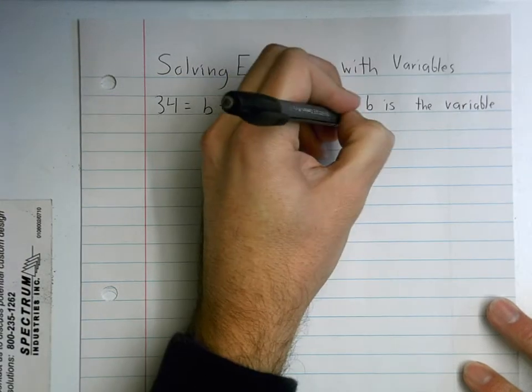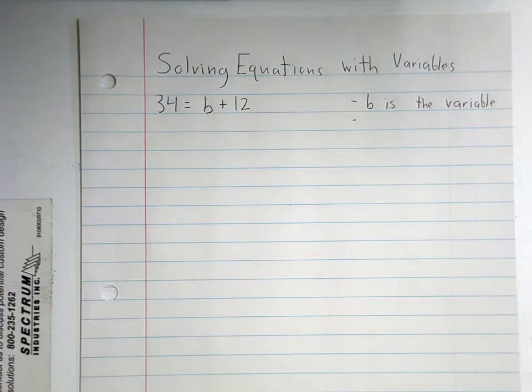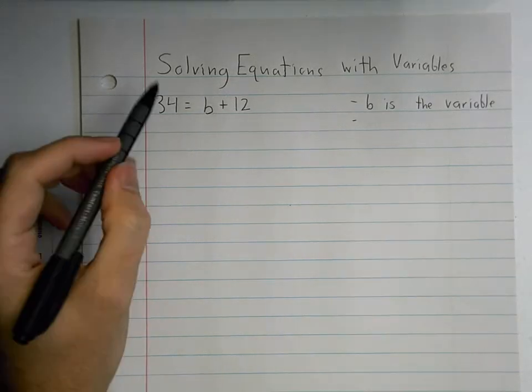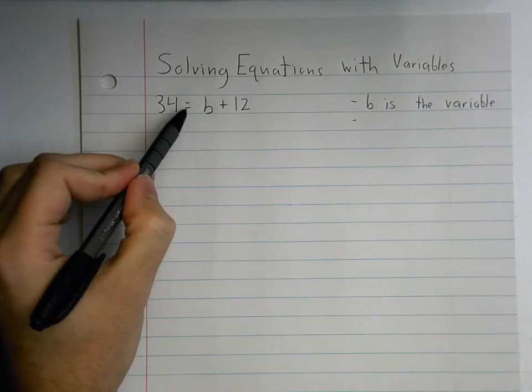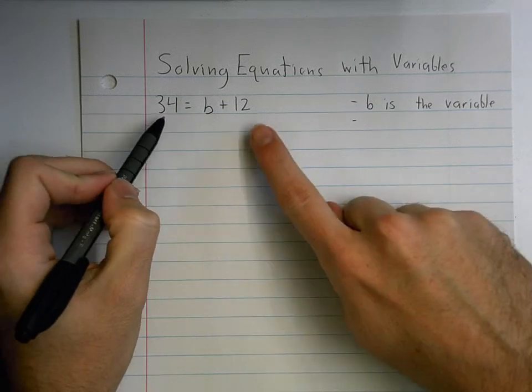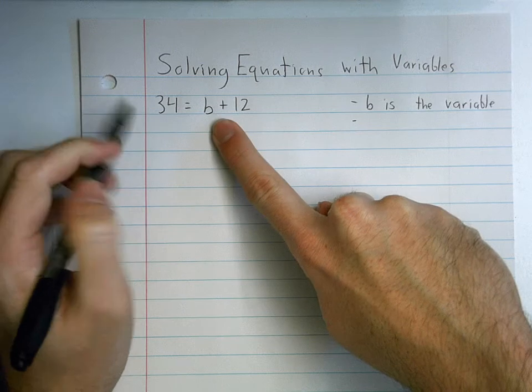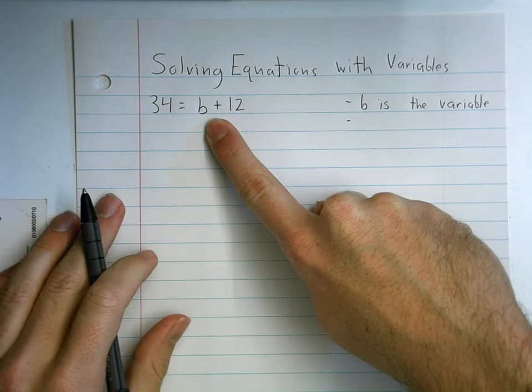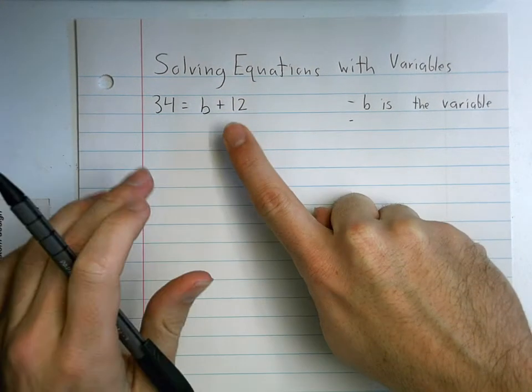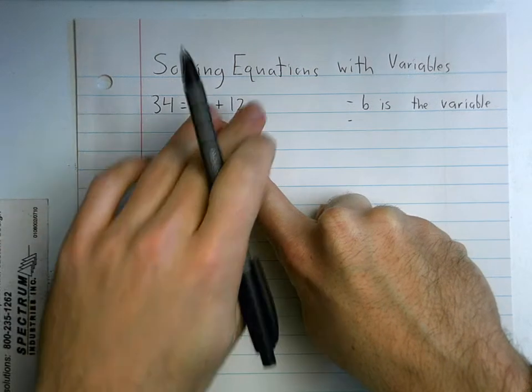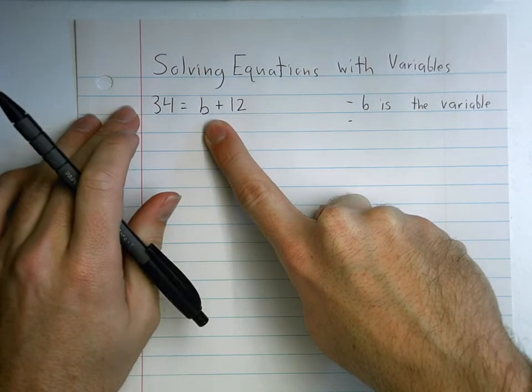Okay. The next thing I want to do is, I have b on one side of the equal sign, and I have numbers on both sides of the equal sign. I want to get b by itself on one side of the equal sign. So there's the variable, in this case b, on one side, and all my numbers are on the other side.